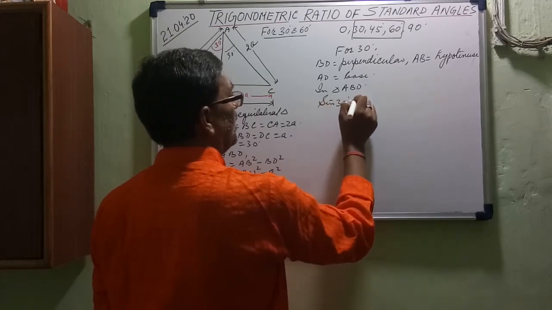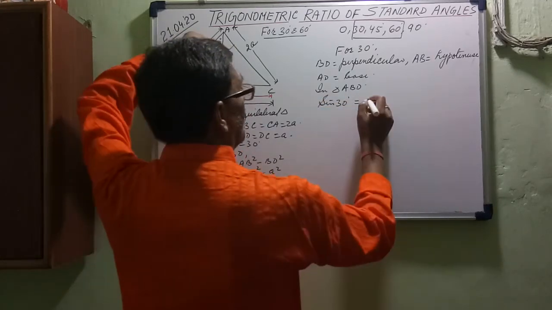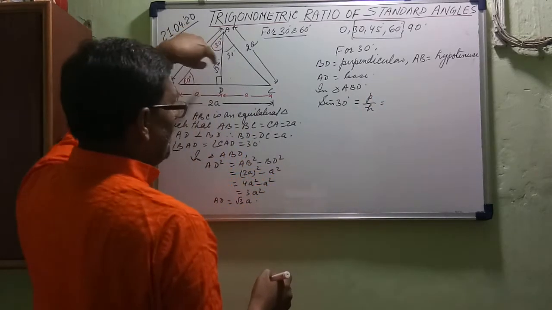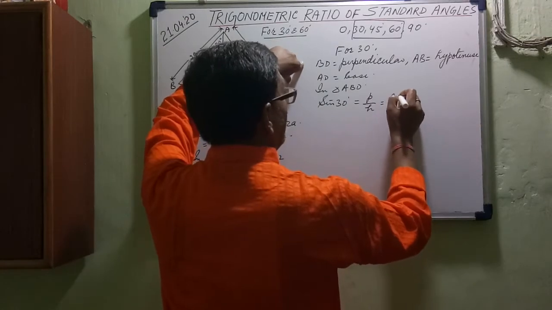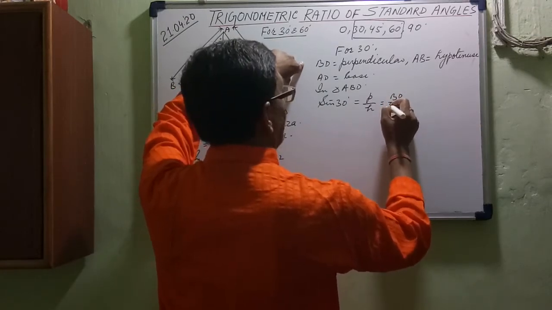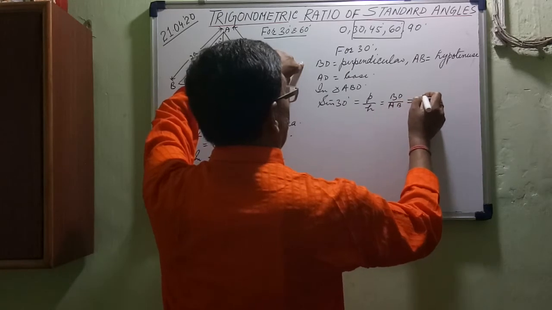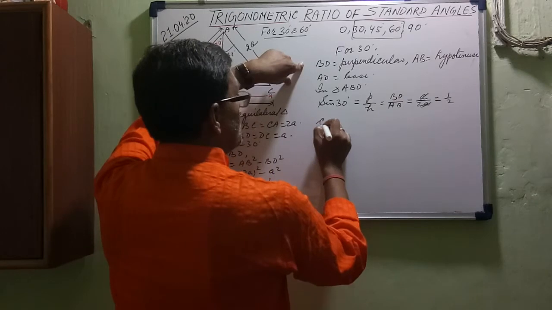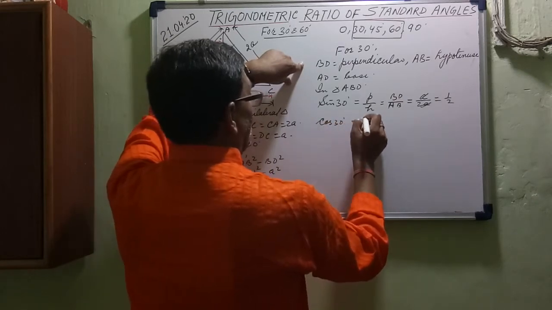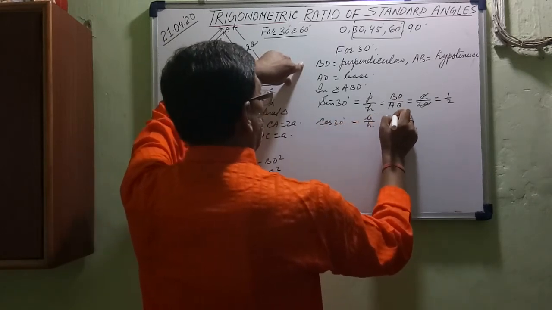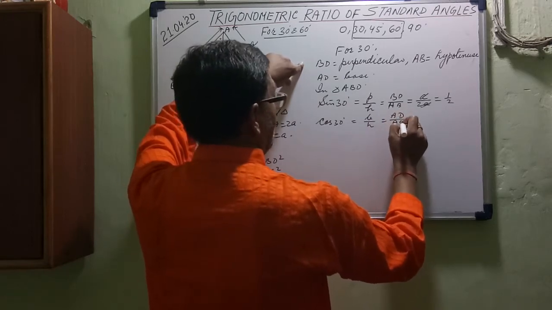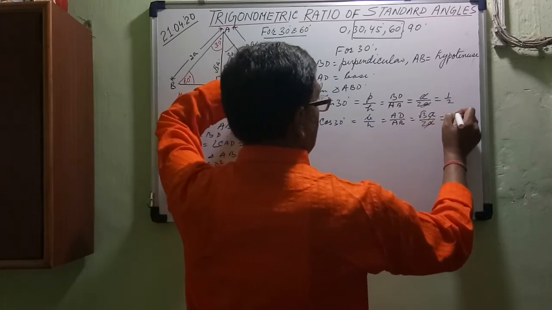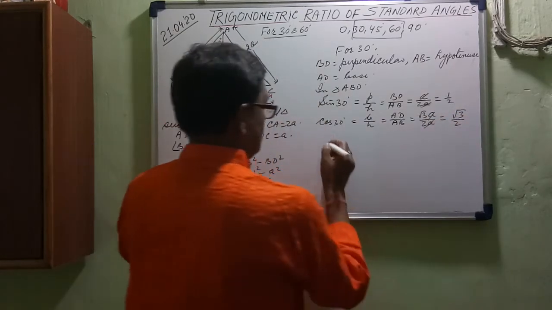sine 30 degree is equal to perpendicular by hypotenuse. What is the perpendicular you have collected? BD by AB. And what is BD? It is a by 2a, that is 1 by 2. Cos 30 degree is equal to B by H, that is AD by AB, that is root 3a by 2a, cancel, root 3 by 2.